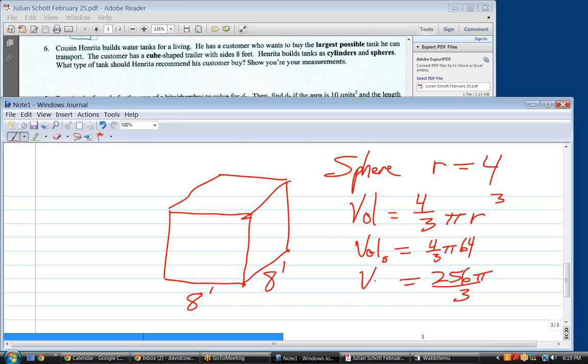So that's the volume of the sphere that you could fit inside that cubic trailer.